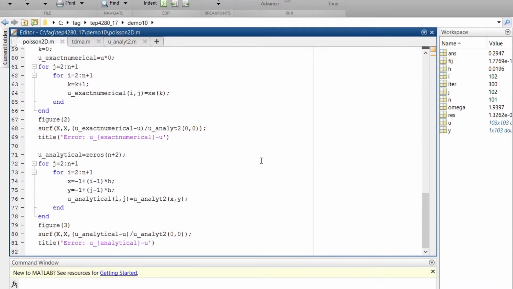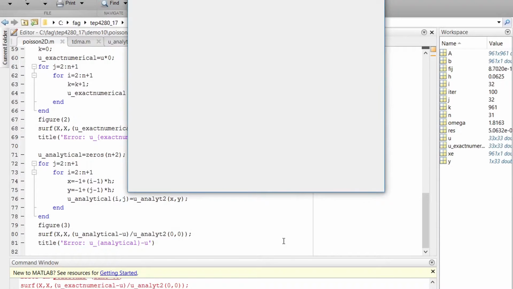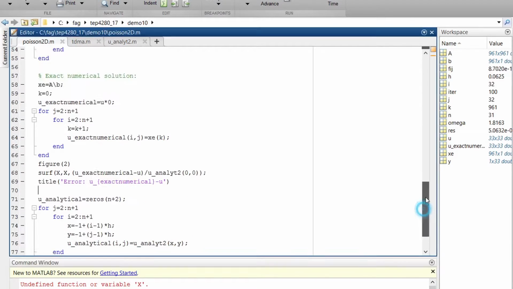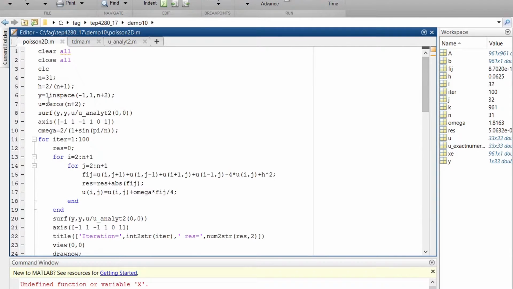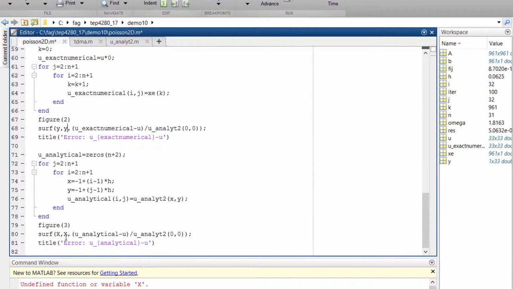Running this one, finding the solution within 100 iterations, and then it crashed. What did I miss now? Yeah, big X. I called it Y here. Surf Y, and also down here. Let's try again.